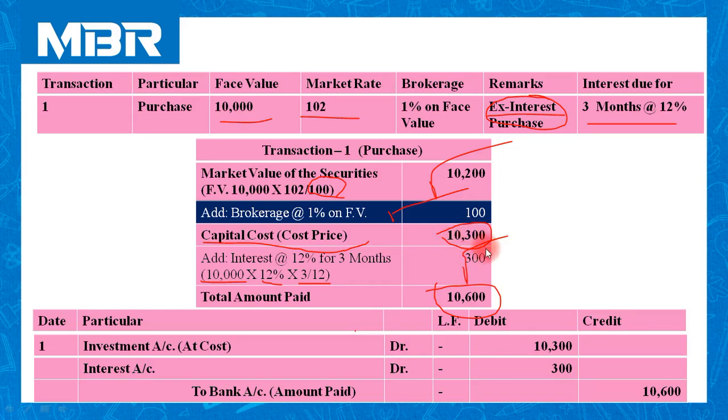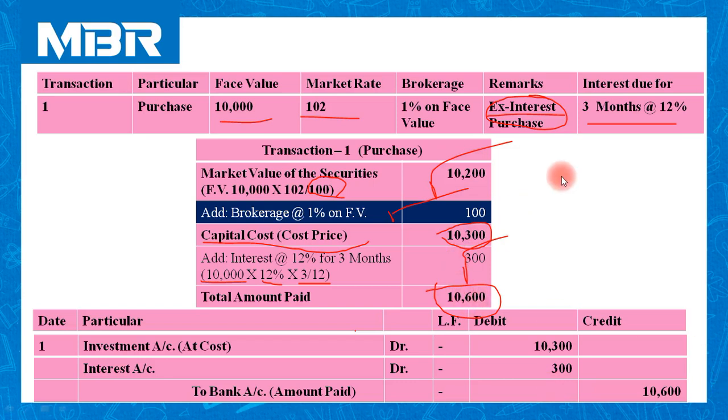We have paid 300 rupees for interest. So interest account debited 300 to bank account, that is total amount paid 10,600. So at the time of journal entries, we need capital cost as well as total amount paid. So if you calculate these items very carefully, you can answer any of the questions.